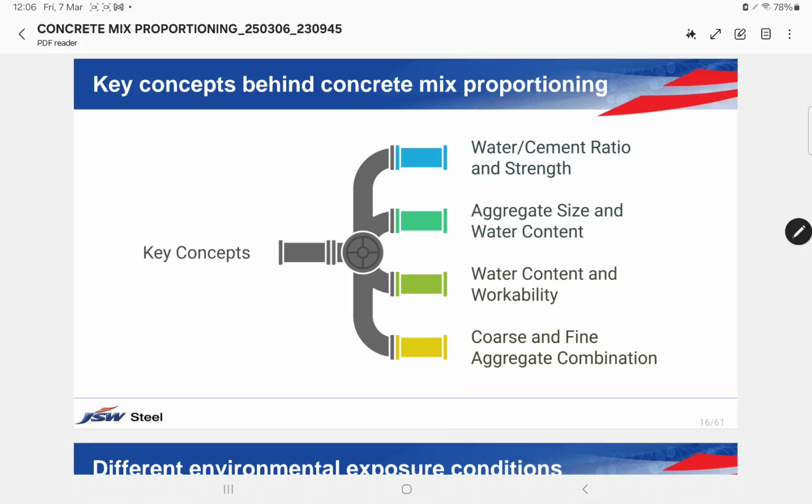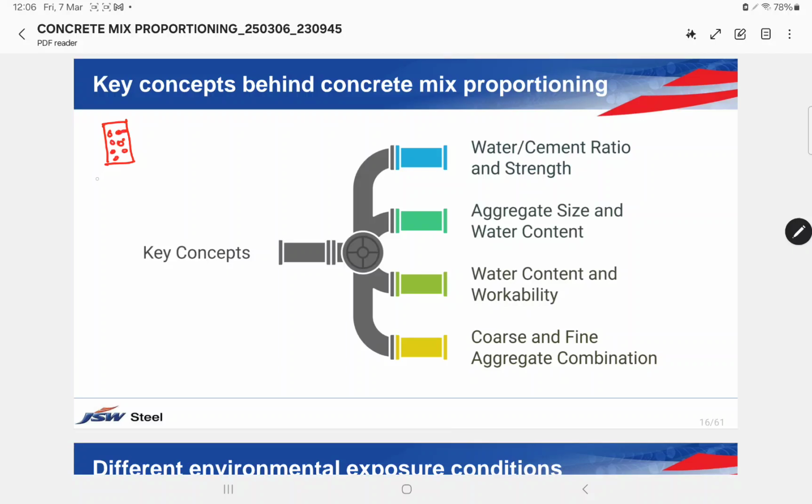First, water cement ratio and strength. Suppose I have 1 liter of water and I used 500 gram of cement. I mixed 500 gram of cement in it.